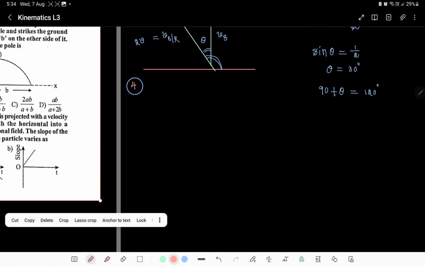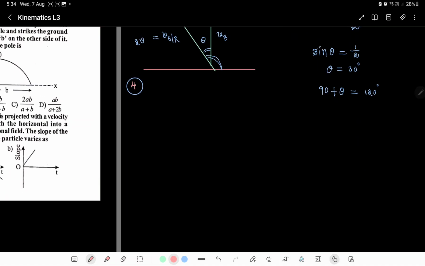So question number 4, let me draw the diagram.